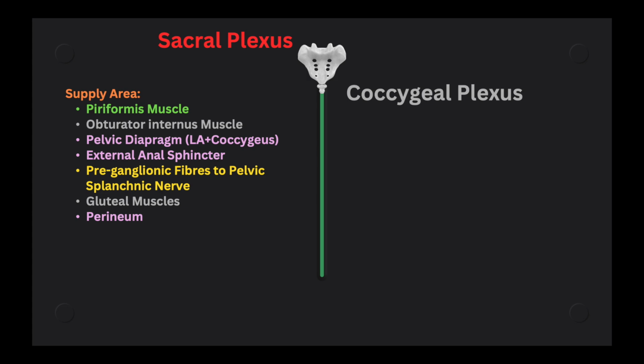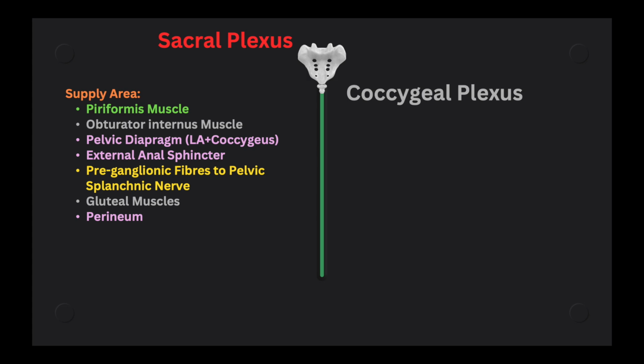The first one is simple to remember, as the entire plexus runs over the piriformis muscle. It has to give a tax to that, so it has to supply the piriformis muscle. The second thing I want you to remember is the pelvic diaphragm. Here we are talking about the pelvic diaphragm, and the sacral plexus has to supply it because we are actually studying the nerve supply of the same.